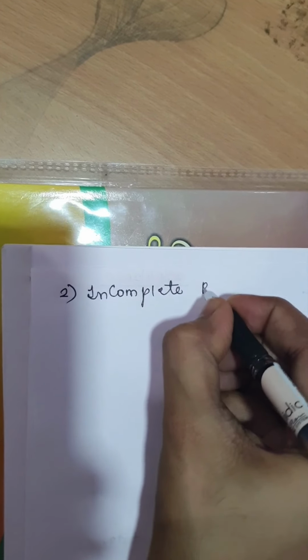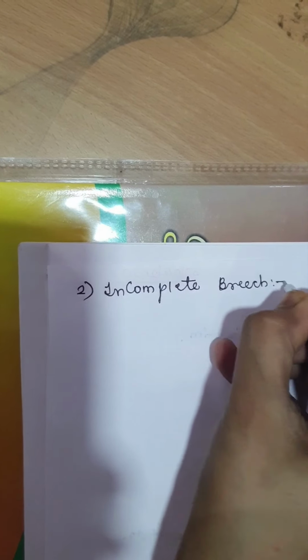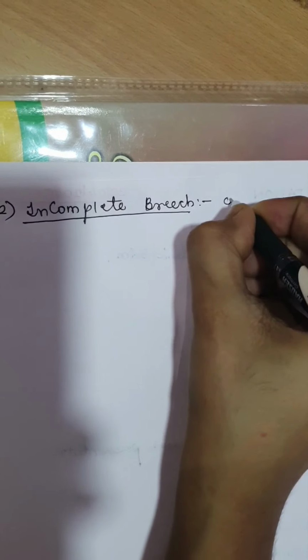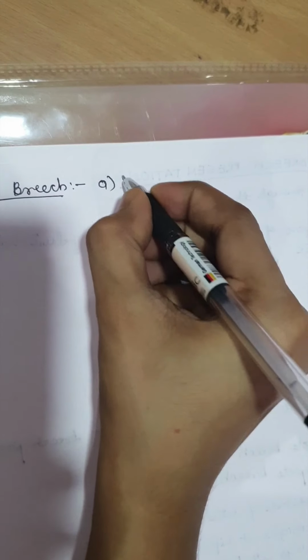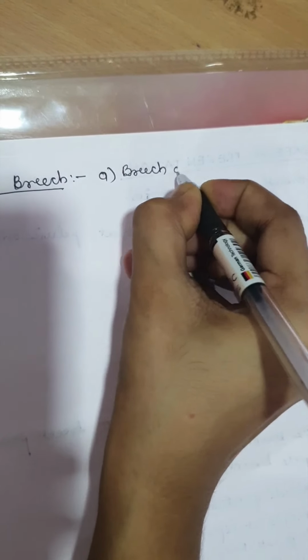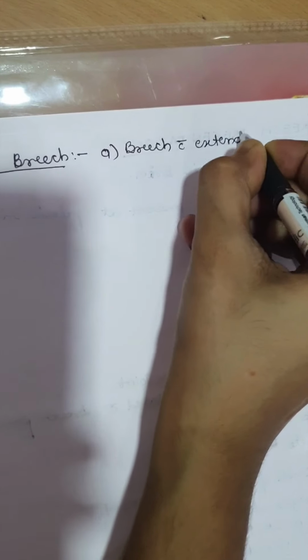Now we will see the second classification, that is the incomplete breech. Again, depending upon the extension of the hip joint and the knee joint, the incomplete breech is further classified into three types. The first one is breech with extended legs.